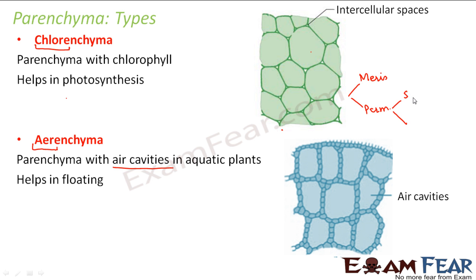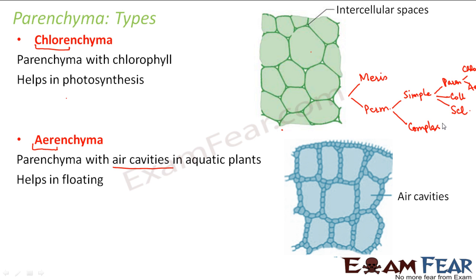Permanent tissue is divided into two types, that is simple permanent tissue and complex permanent tissue. This simple permanent tissue is divided into types like parenchyma, Collenchyma, Sclerenchyma. Again, this parenchyma has two types, that is Sclerenchyma and Parenchyma, right? So now the picture is clear to you.